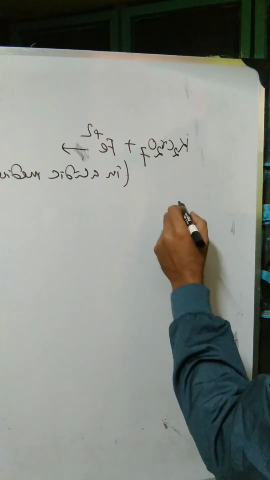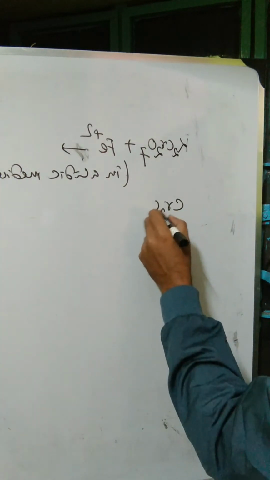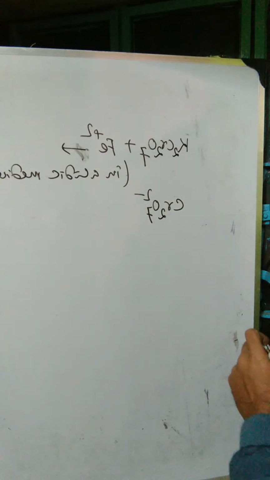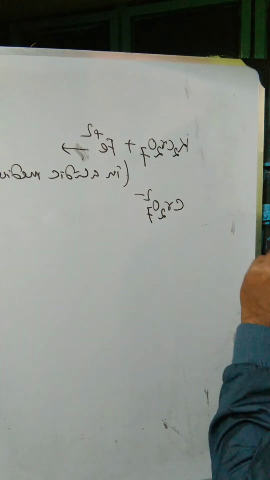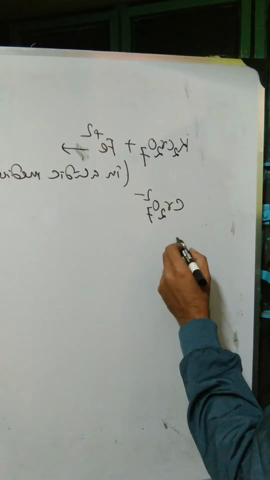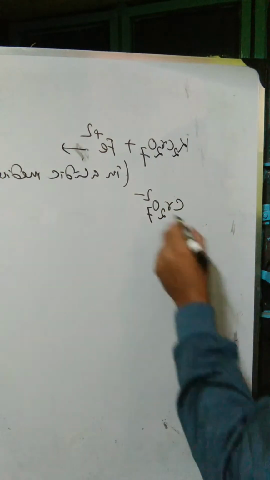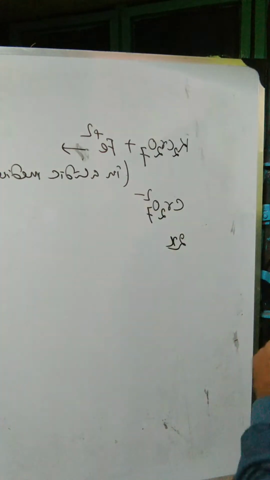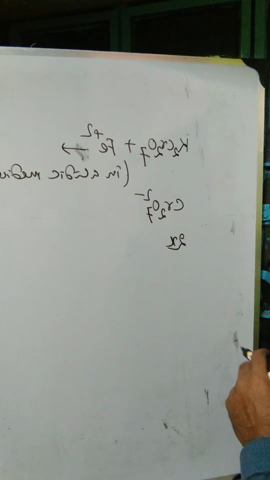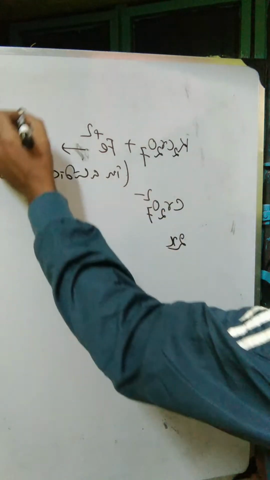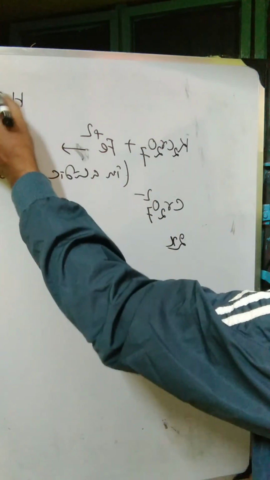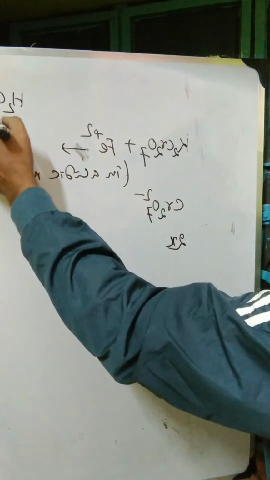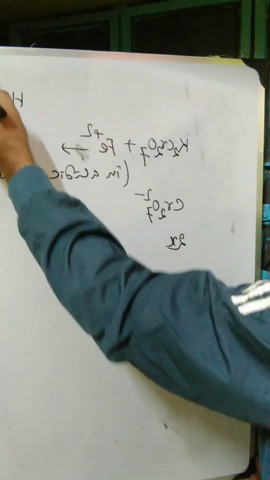So what happens when potassium dichromate is in acid medium? Potassium dichromate ionizes to Cr2O7 2-. Now you need to calculate the oxidation number of chromium. Let the oxidation number of chromium be x. For 2 chromium atoms it is 2x. Each oxygen carries a -2 charge. We know oxide ions come from H2O. Hydrogen has +1 oxidation state, so it is +2, so oxygen has -2 oxidation state.